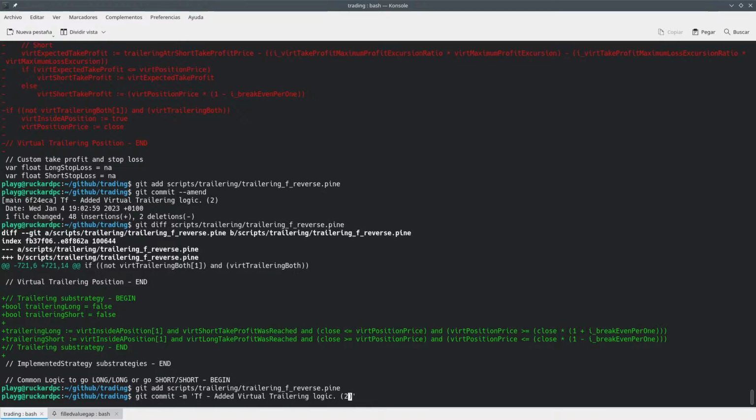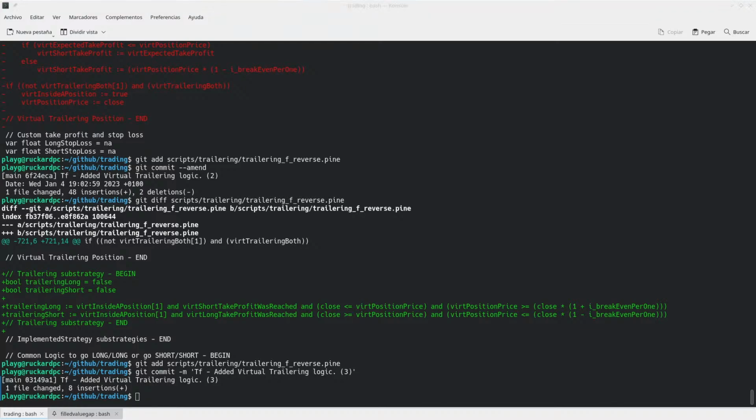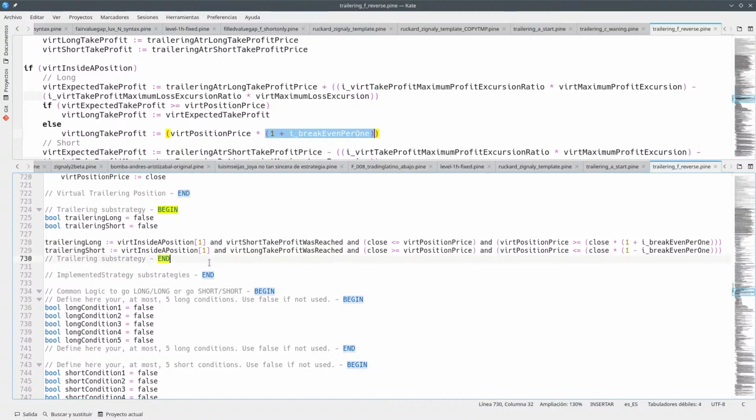This is going to be number 3 because it's a different part of the code that I am modifying. Okay. So, how do you modify take profit so that it makes sense?